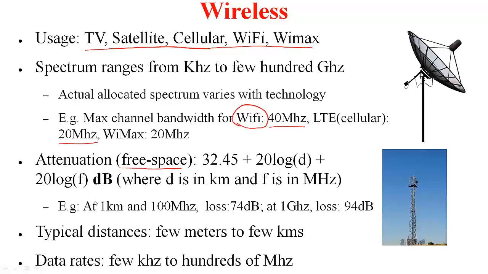For example, at 1 kilometer and 100 megahertz, the loss is about 74 decibels, and similarly at 1 gigahertz the loss is about 94 decibels. You can cover distances from a few meters to a few kilometers, and the data rates you can support range from a few kilobits to hundreds of megabits per second.